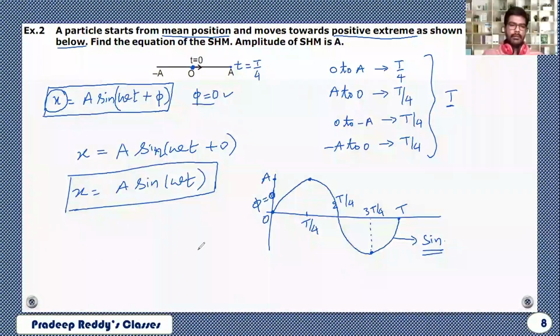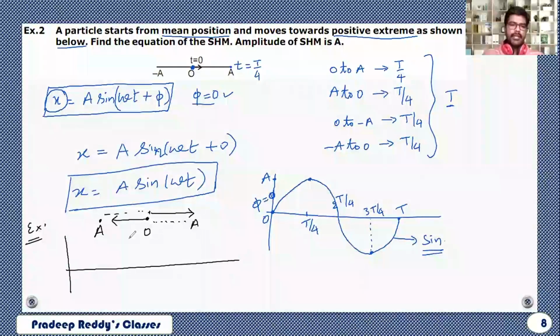Suppose, now let me take one more simple example. If we are considering this particle at O, instead of going along the positive x-axis, the particle is going towards the negative x-axis to some position A, then it returns back again. From here it goes to extreme position capital A, and then again it is returning back to mean position O. So if you plot the graph for this, how do you get the graph? The particle is initially starting at position O and it is going towards the negative x-axis.